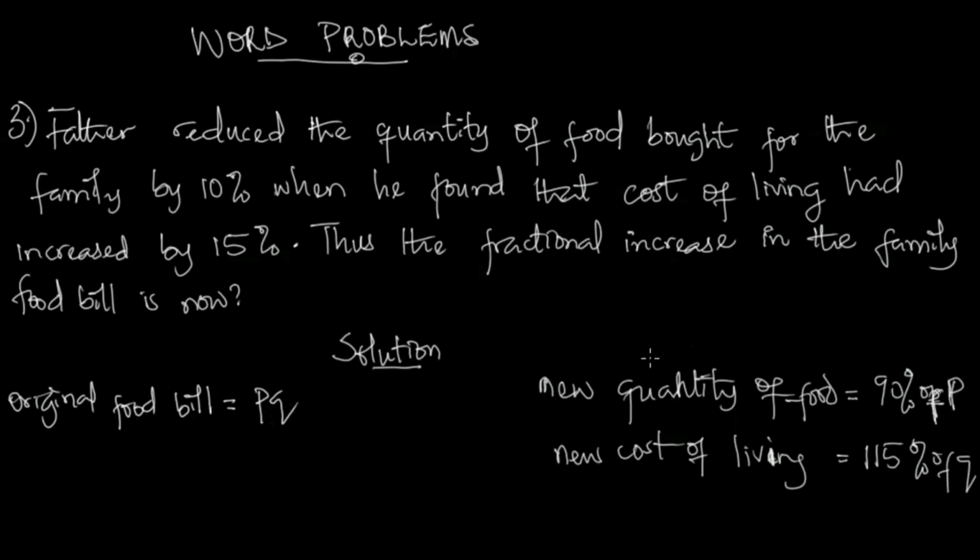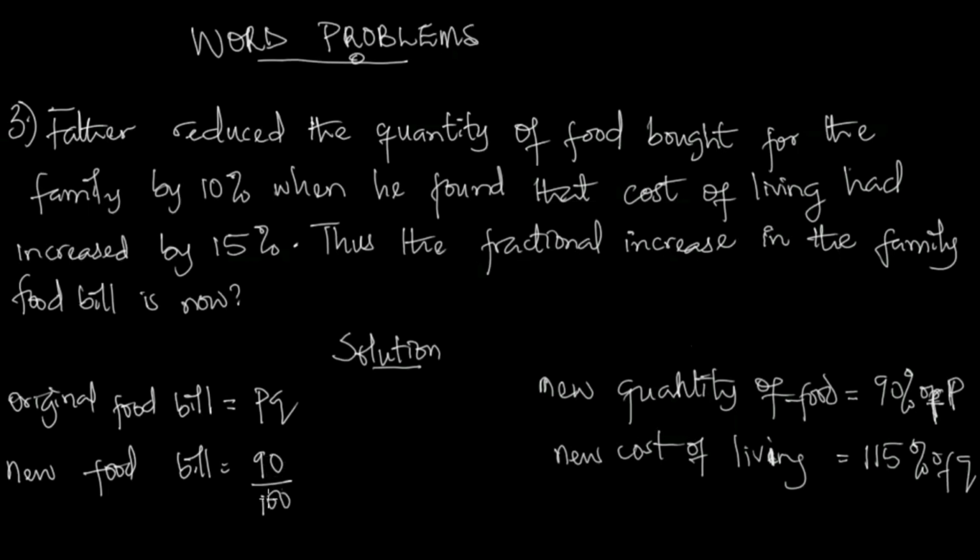And now that the quantity of food has been reduced by 10% and the cost of living has been increased by 15%, the new food bill will be the new quantity of food, 90%.